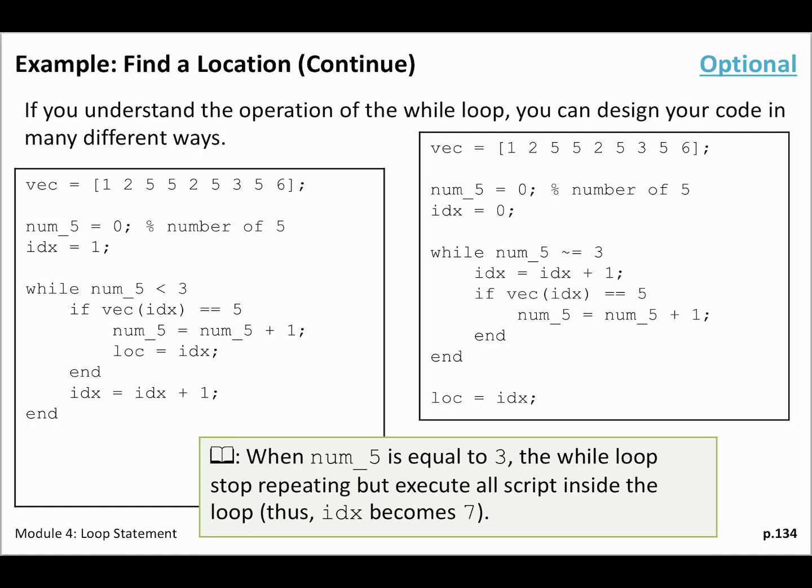This one keeps assigning the location when we detect the 5 in the vector. For instance, idx becomes 3, location is 3, and then idx becomes 4, location 4, and then idx becomes 6, location 6, but in this case we escape the loop structure, right?